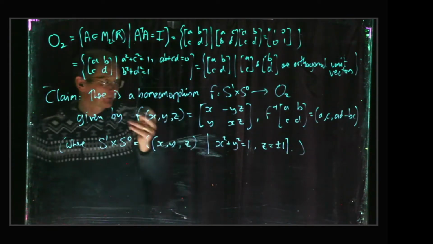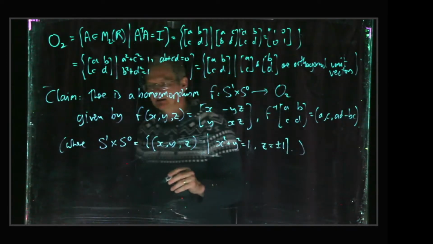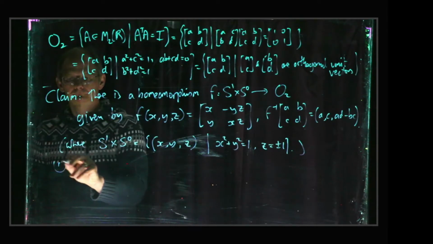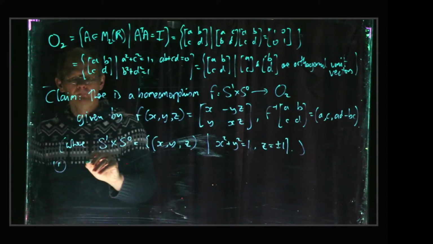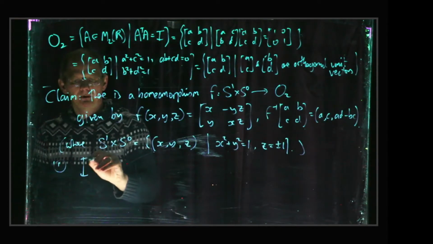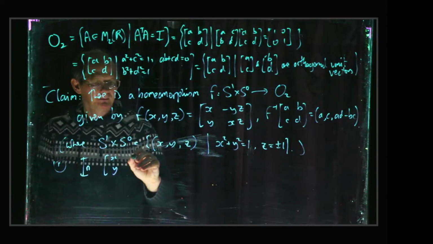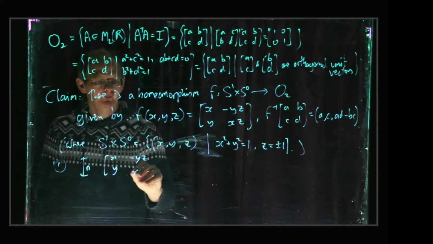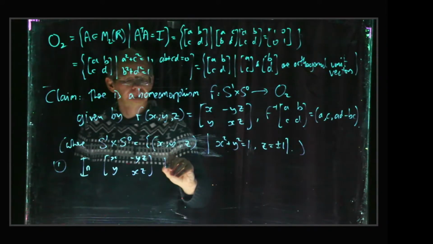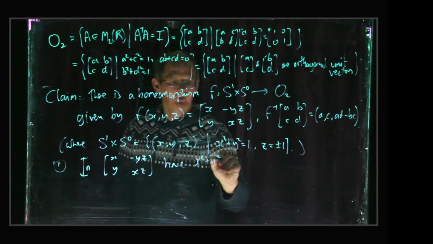Well, the first thing is to check that this formula F really does define a function like that. So in this thing here, X, Y, minus YZ, XZ, we have X squared plus Y squared is certainly equal to 1.